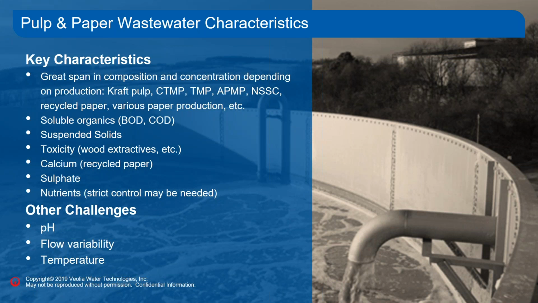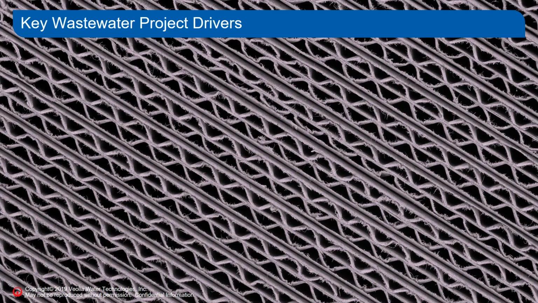Another element that I will also show in the case study later on is calcium. Calcium has a big effect on wastewater treatment designs. So especially in this type of industry, it is very important to understand that situation. And there are some other challenges like pH, flow variability, and temperature. Those are more generic, and they can be and should be designed for in the proper way.